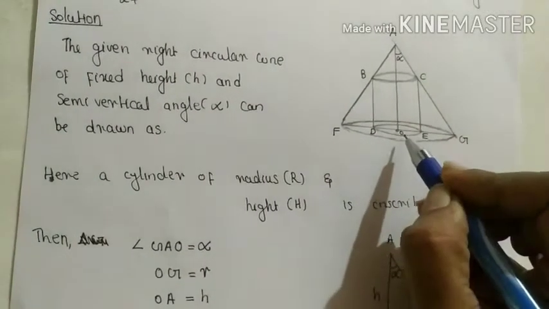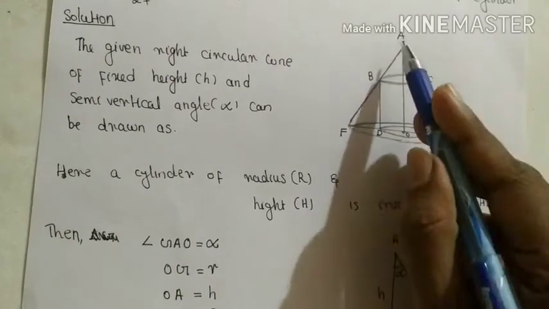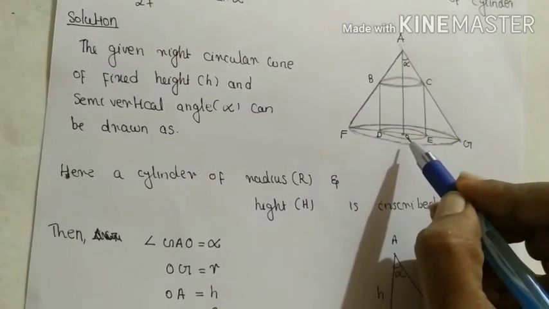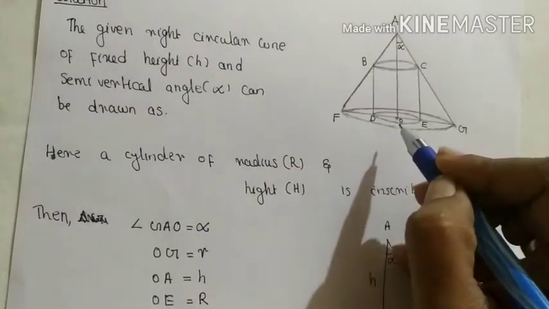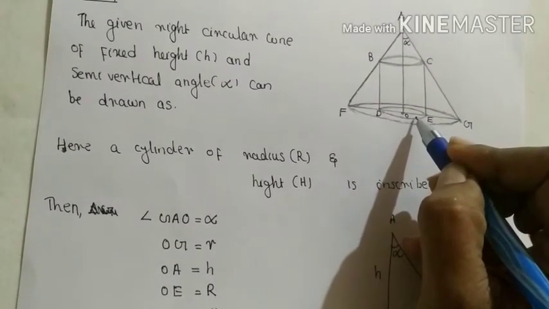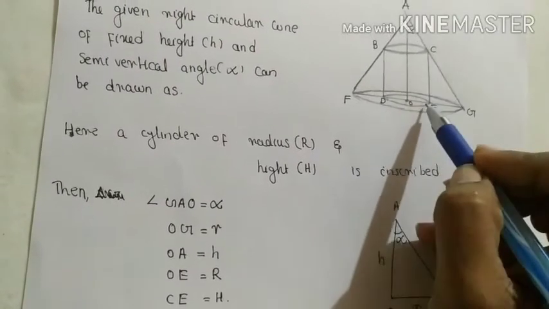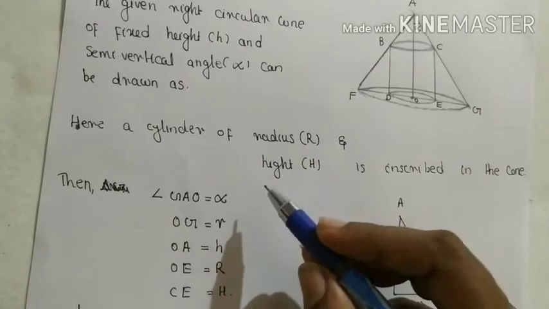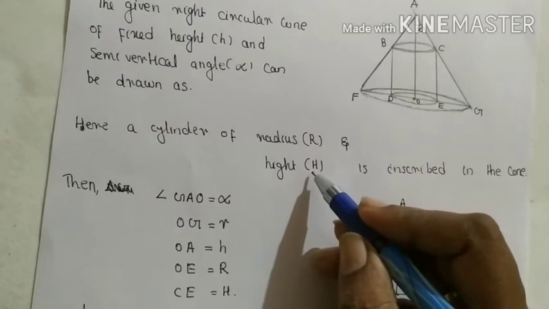OA is the height of the right circular cone, given as small letter h, and OE is the radius of the cylinder, that is capital letter R here, and CE is the height of the cylinder, which we have assumed as capital letter H.